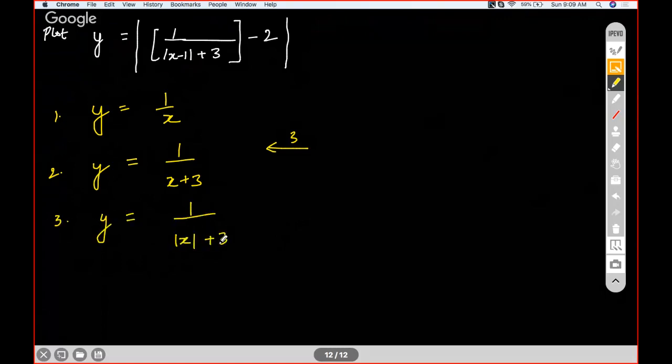So when that is done, what happens? You know what happens. We'll leave it to the graph. Now what is the next step? Then you replace x with x minus 1 again. So you shift it 1 unit to the right.